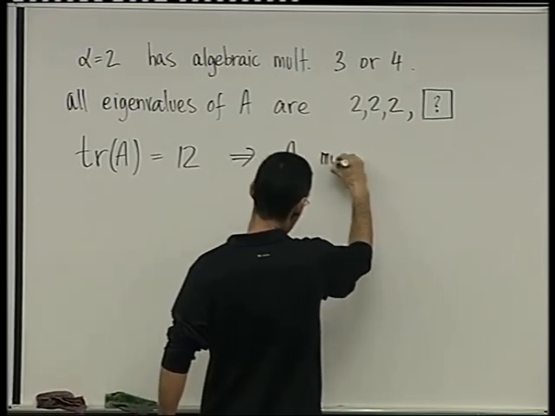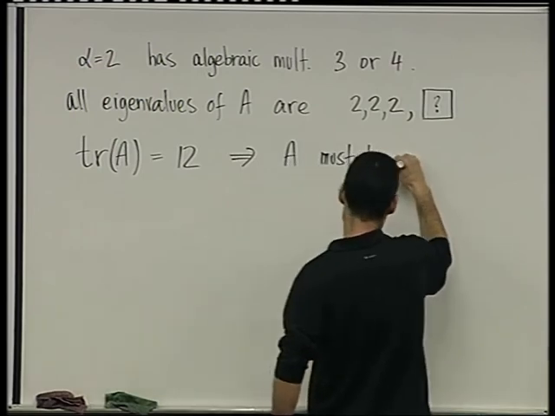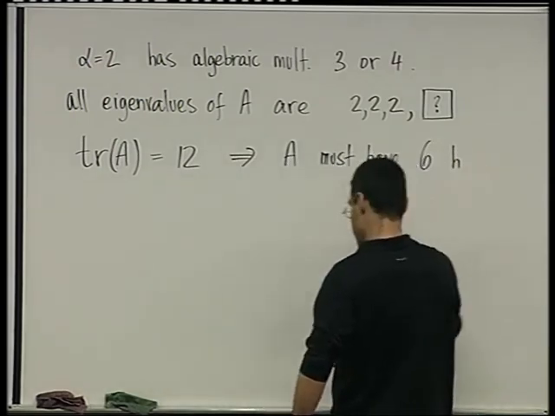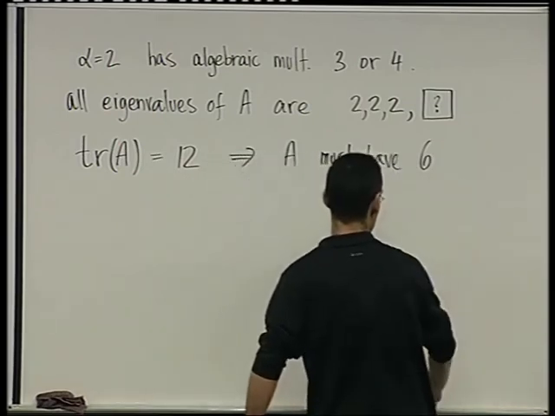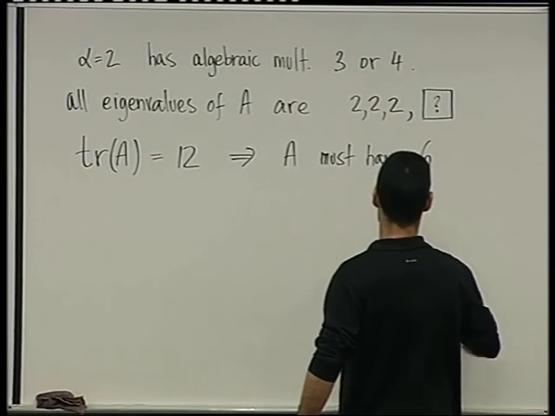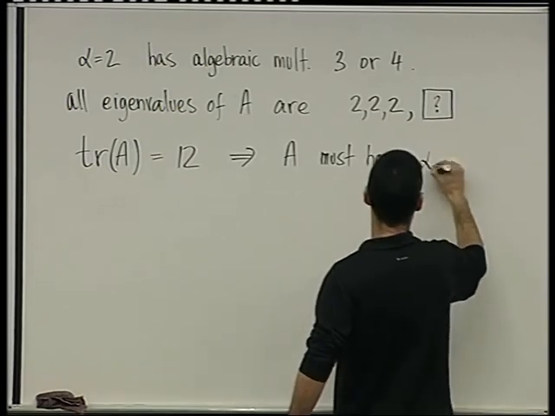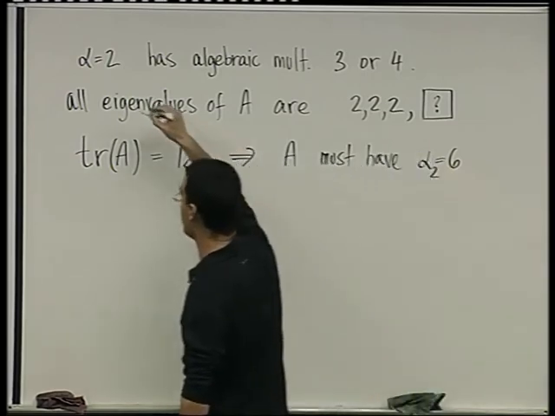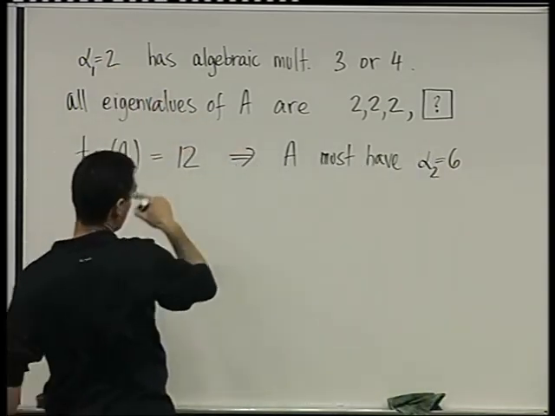Okay. So back here, the trace of A equals 12, and therefore A must have 6 as the fourth eigenvalue. Let's call this alpha 1. Alpha 1 equals 2 has multiplicity at least 3.